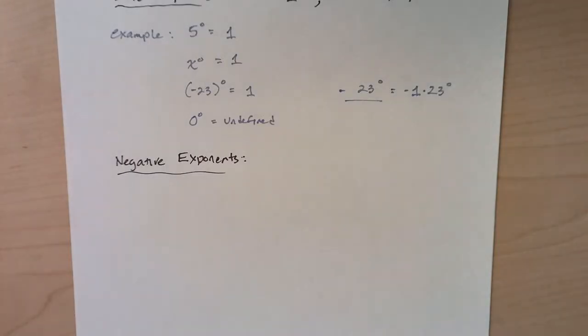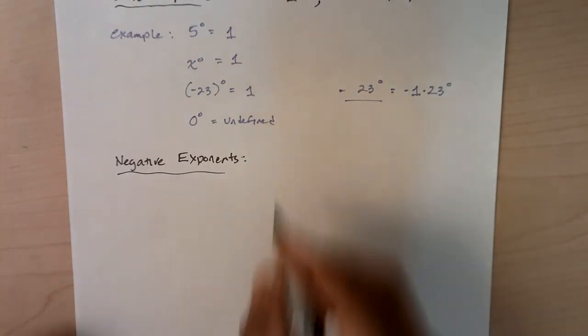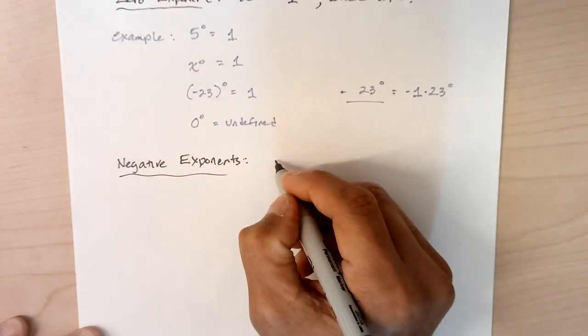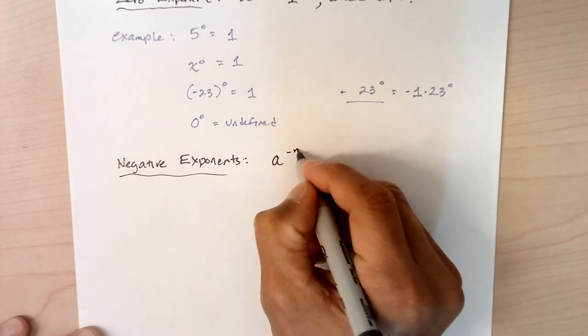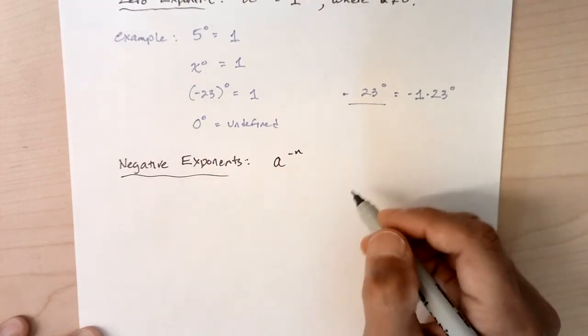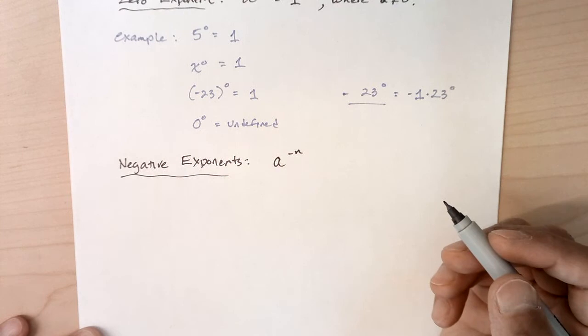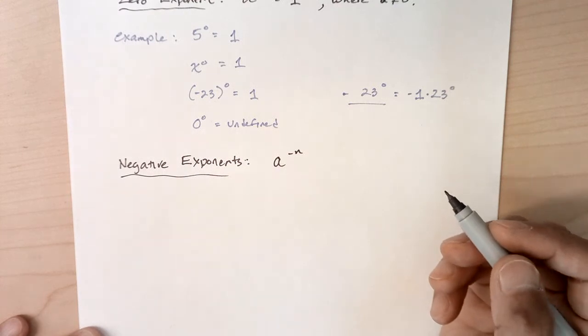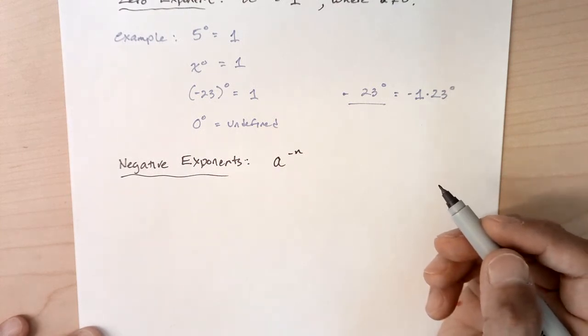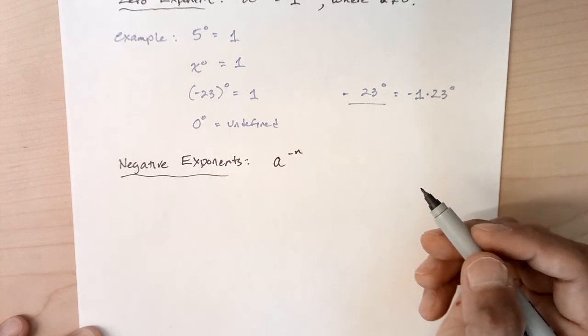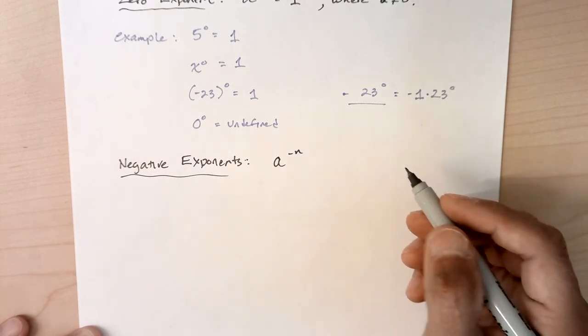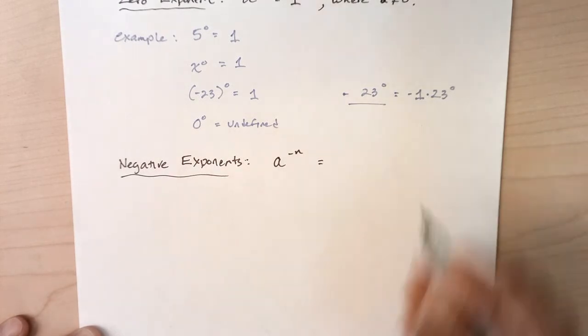And then a second property of exponents that you'll need to know is negative exponents. So if you have any negative exponent, for example, a to the negative n power, as long as a is not equal to 0 (whenever we're taking any exponents or properties of exponents, we're assuming that the base is not equal to 0), a to the negative n power is defined to be the reciprocal.